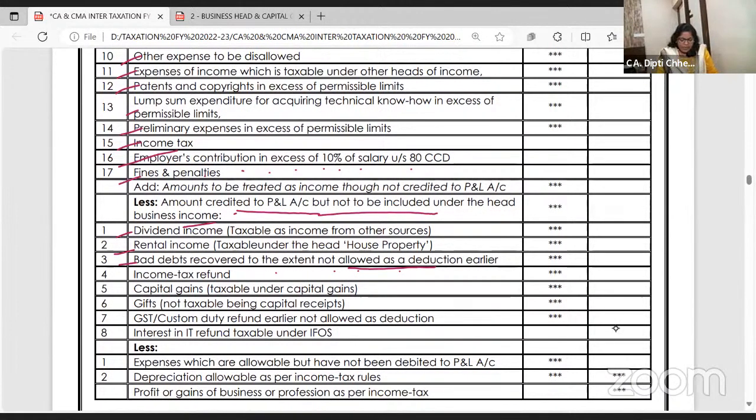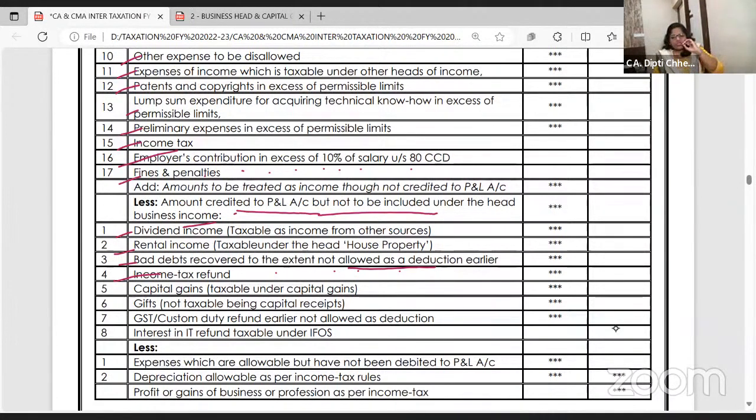No. Income tax refund is not a business income, so remove. Income tax is not a business expense, add back. Income tax refund is not a business income, निकाल दो. Interest on income tax refund, income tax का जो refund आता है ना, उस पे interest जो मिलता है, that is very well taxable as income from other sources.